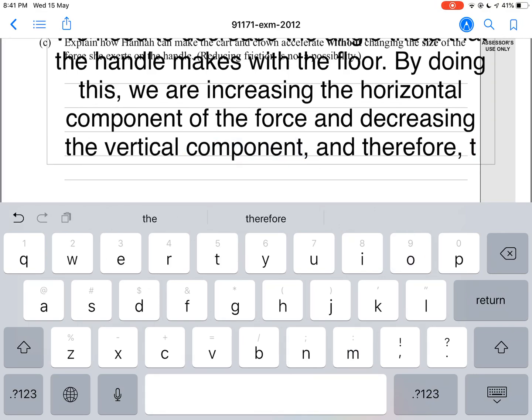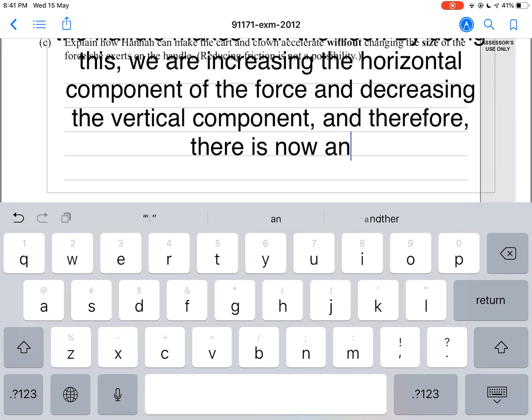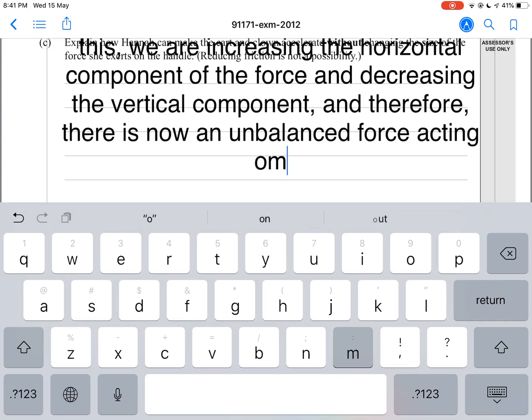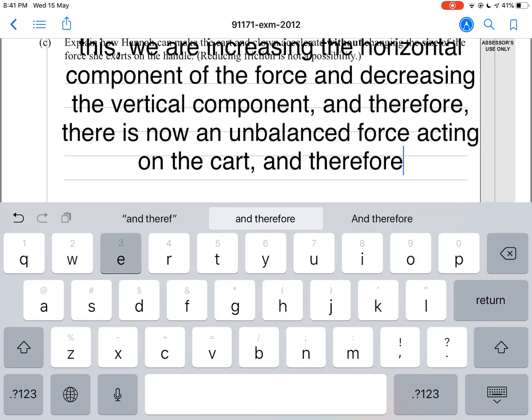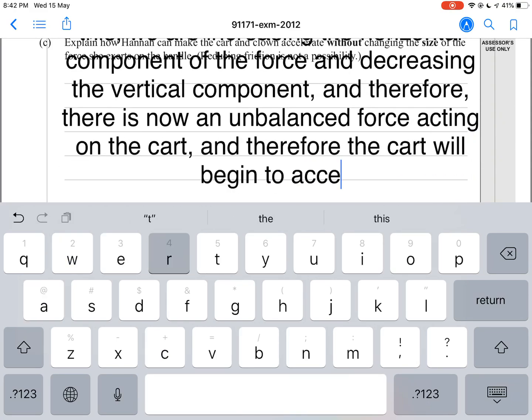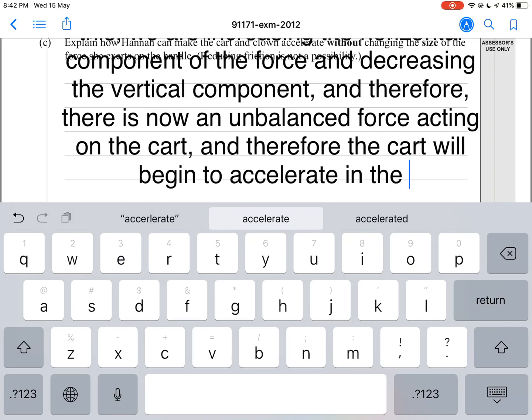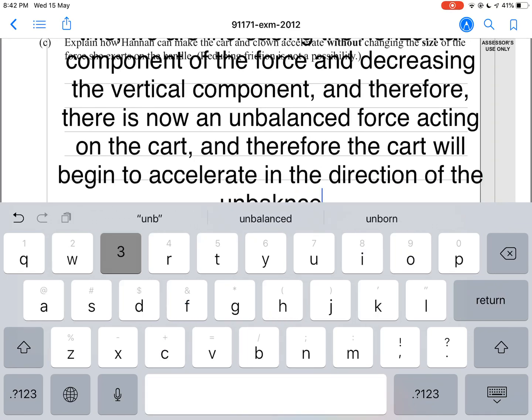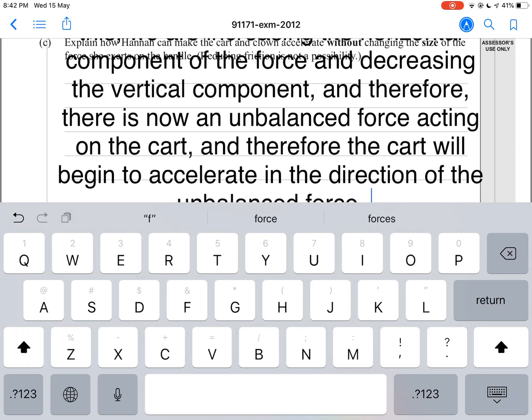Therefore, there is now an unbalanced force acting on the cart, and therefore the cart will begin to accelerate in the direction of the unbalanced force.